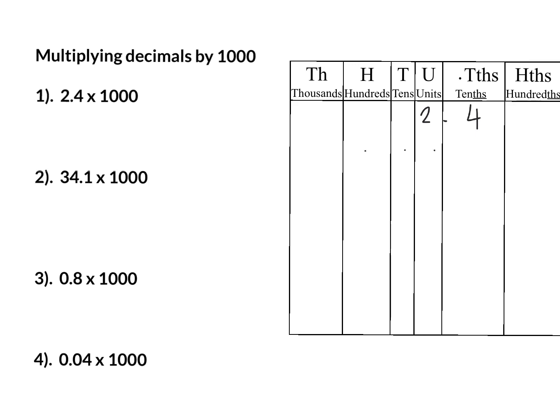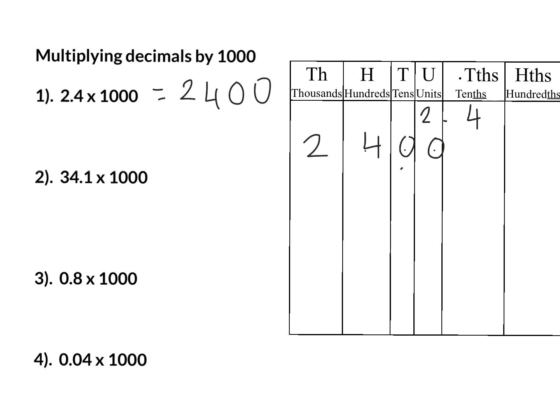So this 4 tenths becomes 4 hundreds, and the 2 becomes 2000. And you have 0 tens, 0 units. So you have 2000s and 400s, 2400.